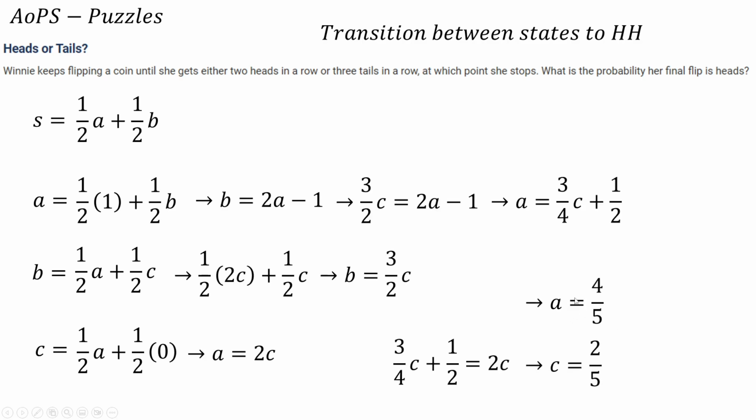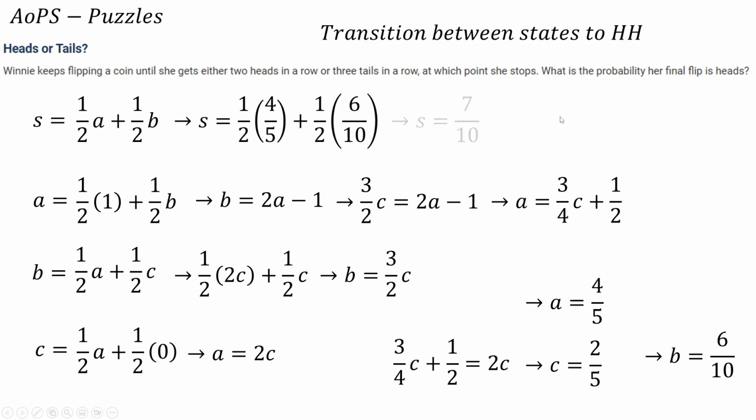Because this 4/5 represents how to get from A to heads. This C represents how to get from C, which was tails, to heads, which is much lower, as you can see, because you need 2 more in a row to actually get heads at minimum. Okay, hopefully that makes sense. So this represents how to get from the starting position to heads.